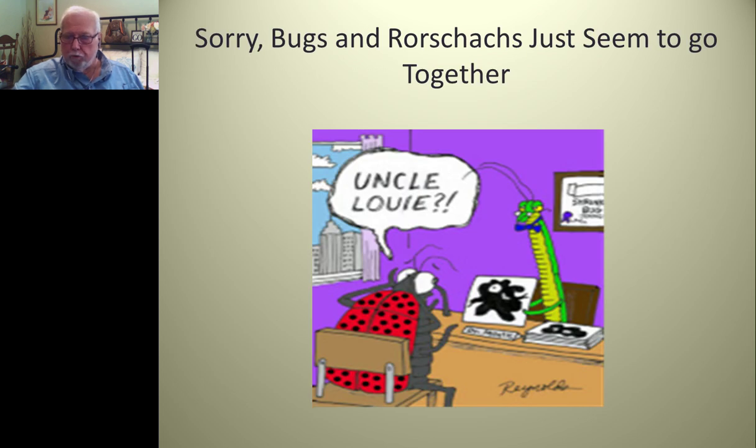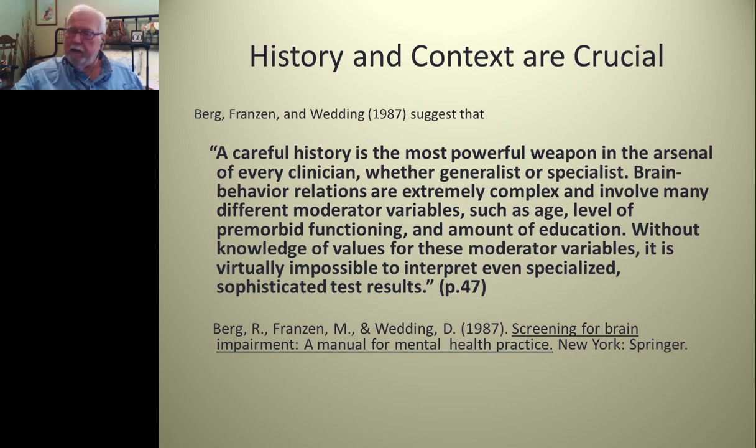Sorry, but bugs and Rorschachs just go together. I think so. You probably saw that slide. Remember, history and context are critical. Even though with ADHD we're evaluating brain-behavior relationships, we have to interpret it in the context of the history and the day-to-day life of the individual.